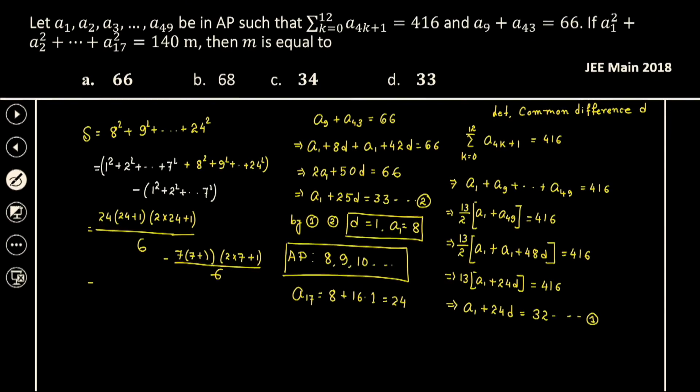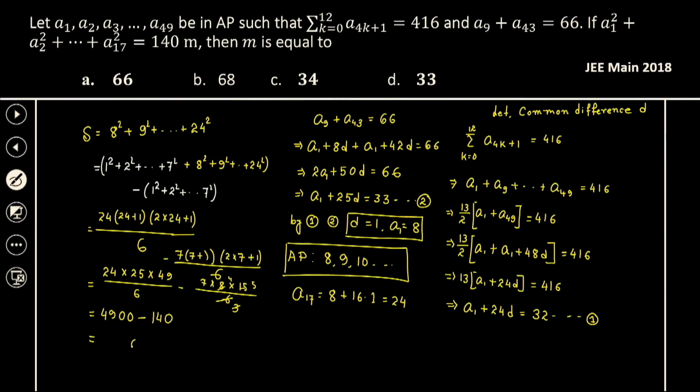Let's simplify. We get 24 multiplied by 25 multiplied by 49 divided by 6, minus 7 multiplied by 8 multiplied by 15 divided by 6. Here we get 4900, minus 140, since it is 3, 4, 5, so 20.